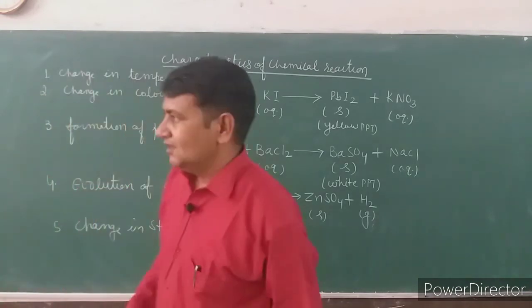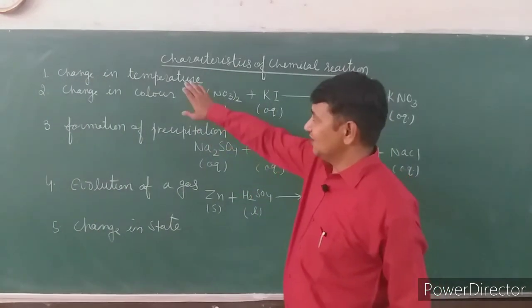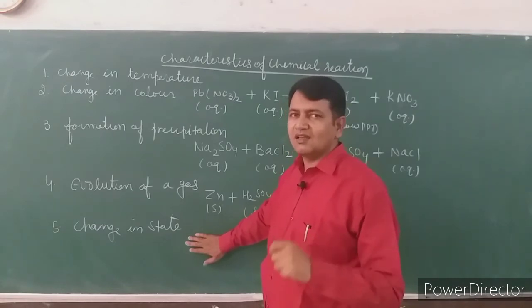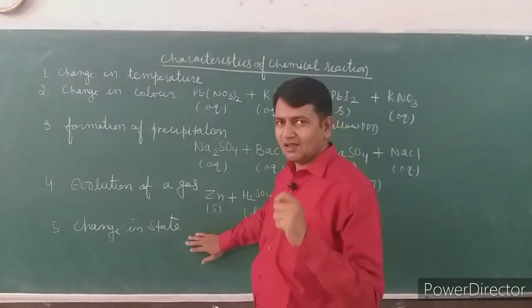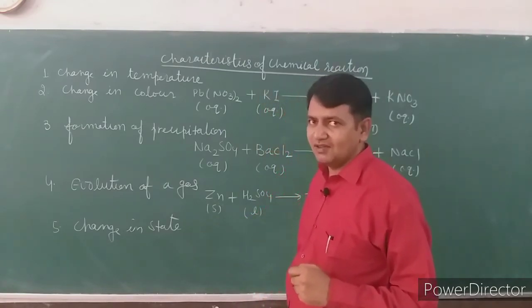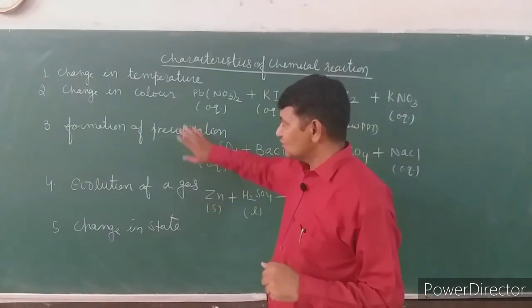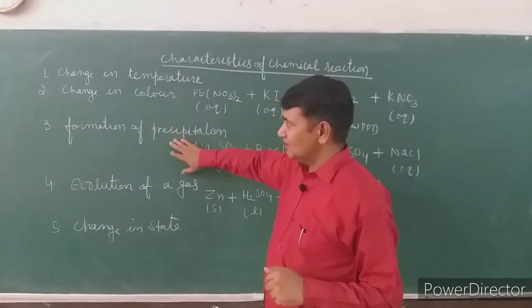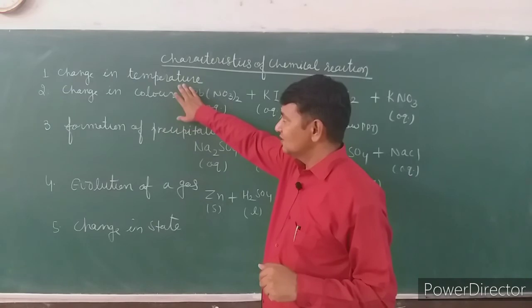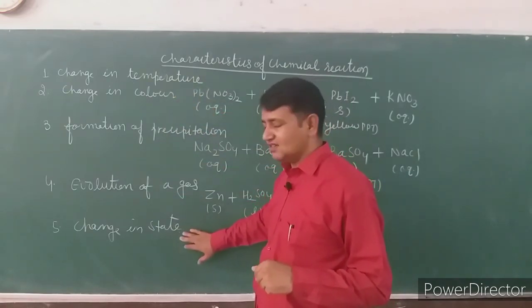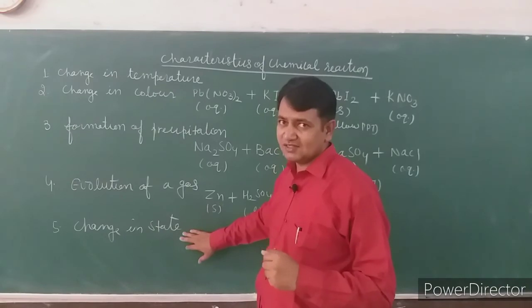But basically, change in temperature or change in state alone cannot indicate the chemical reaction itself. Along with this, there should be some other phenomenon, some other change with change in temperature and change in state, because change in state is also part of physical change.